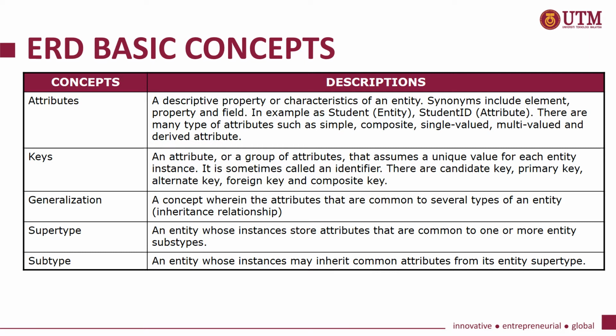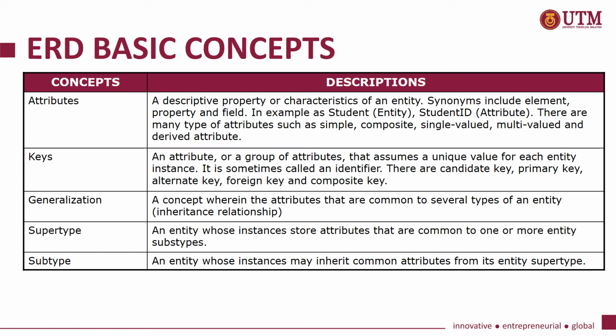Next is the generalization concept. Generalization is a process of minimizing differences between entities by identifying their common characteristics. Okay, next concept is supertype or superclass. Supertype or superclass is an entity type that includes one or more distinct subgroupings of its occurrences.